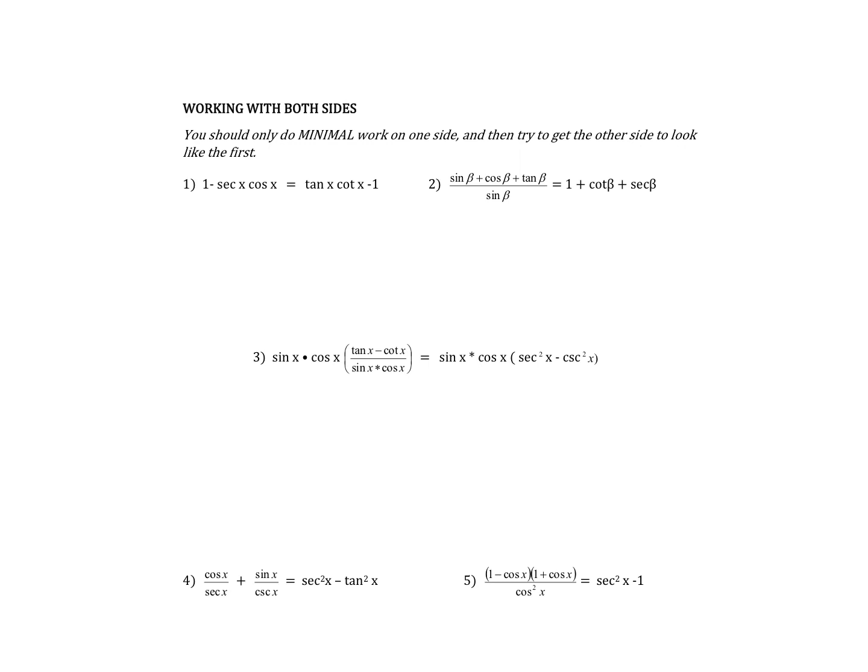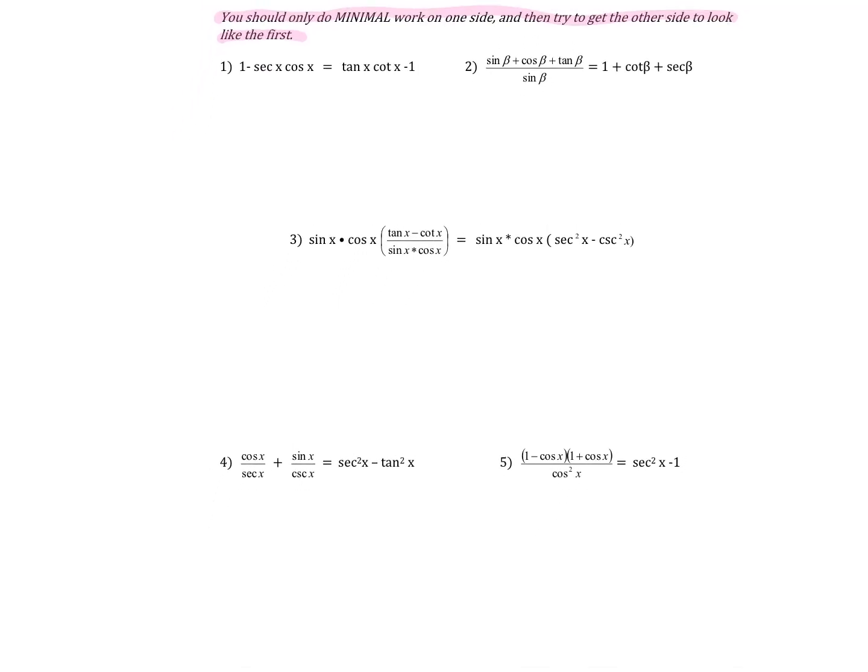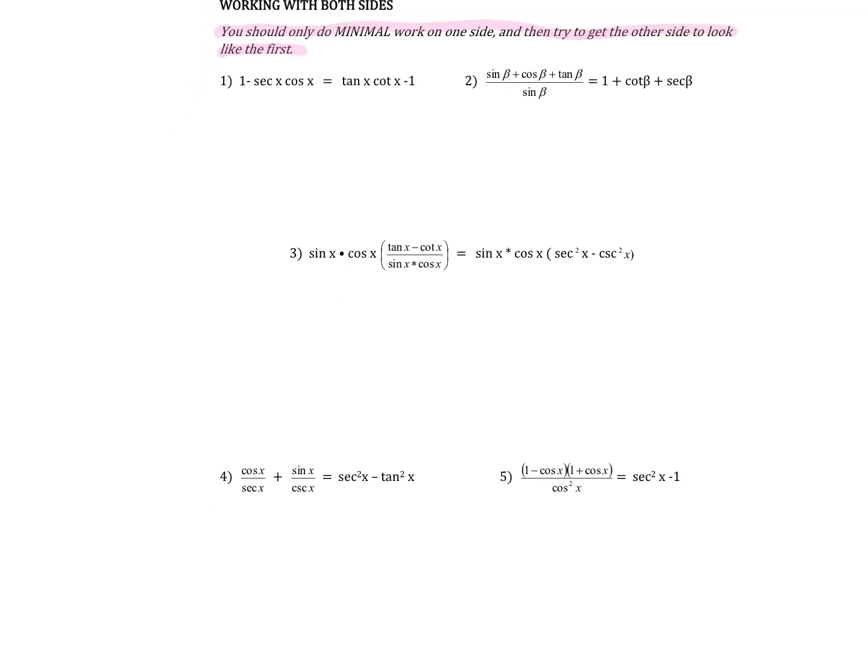Others would say it's okay, but you should only do minimal work on one side, and then try to get the other side to look like that first side that you worked on. So if you have to do a little bit of work on one side, it's okay. But then you better go back and work on the other side and get it to look like what you've just changed.